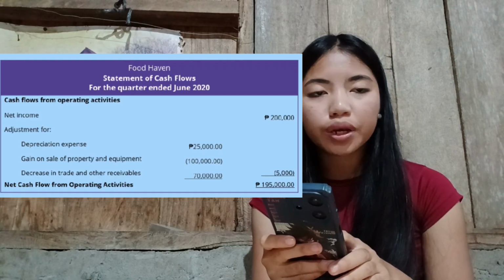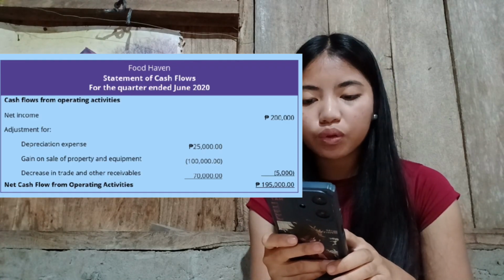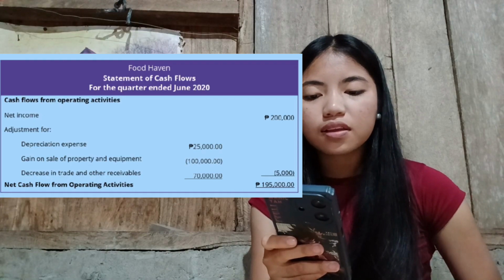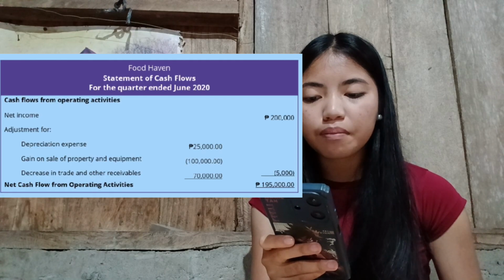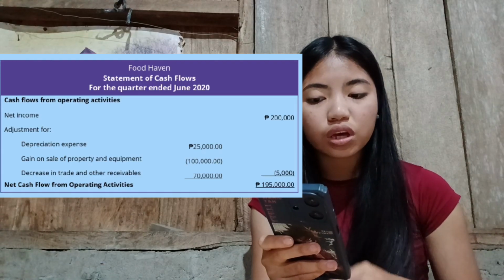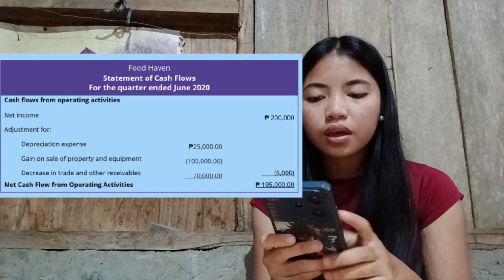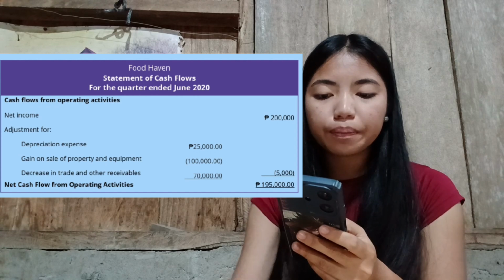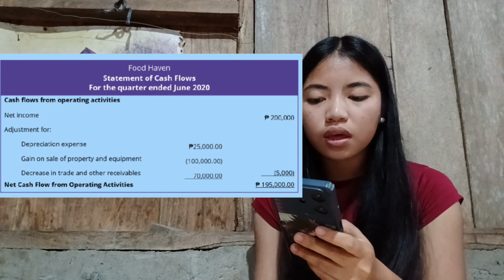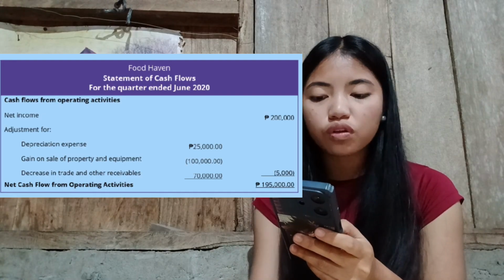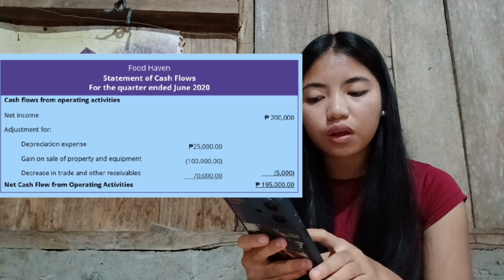This is the profit earned by the business. Step 2, we have to adjust the net income. Since net income is not the same as cash, we make adjustment. So, i-add natin ang depreciation expense, which is ang 25,000 pesos. So, 200,000 plus 25,000 pesos is 225,000 pesos.